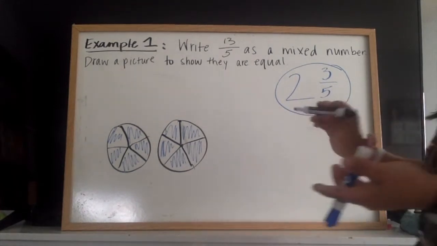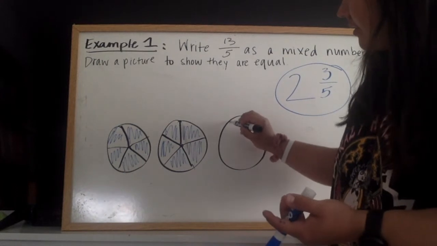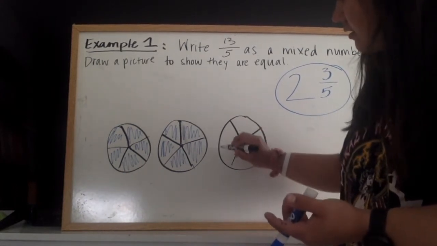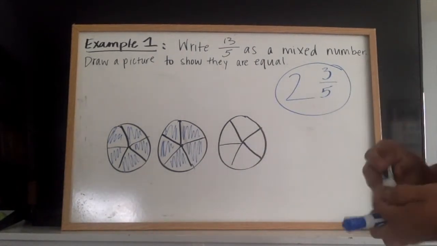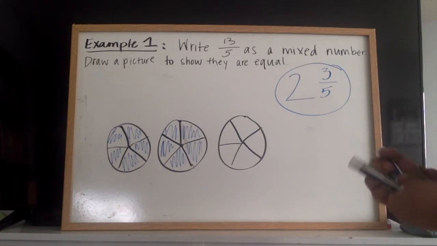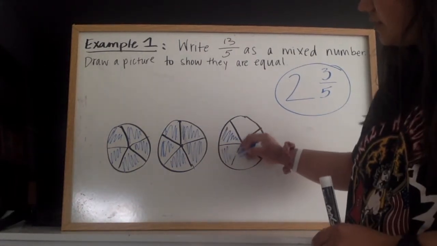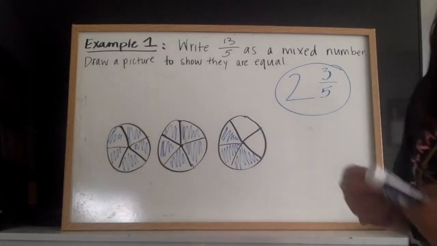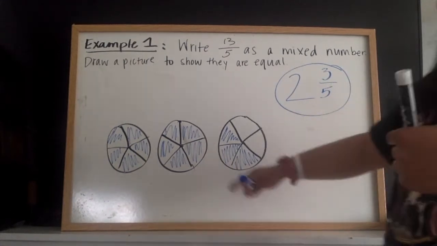So I need another circle here. It's still going to be partitioned into fifths, but I only need to color in 3 of them. 1, 2, 3. So does this prove that this equals 13/5?